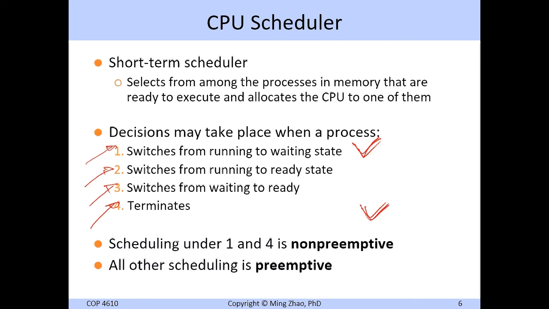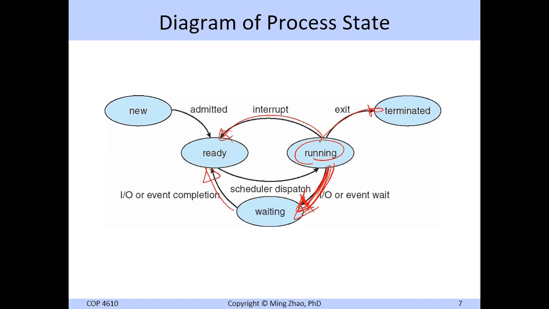Under case 2 and case 3, when the CPU scheduler makes a decision, that is called preemptive scheduling. Why? Because under case 2, that is when the process was interrupted. It corresponds to this arrow here. The process was interrupted and forced to leave the processor, and that gives the CPU scheduler the opportunity to make a scheduling decision.